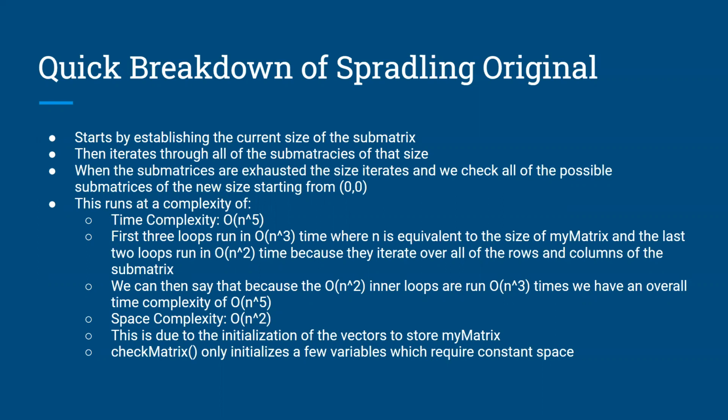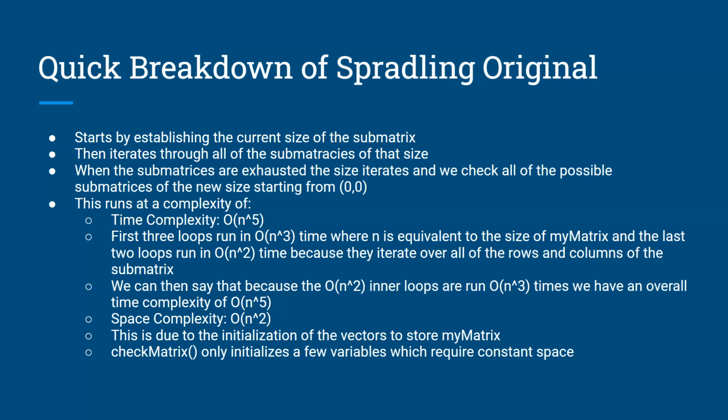And the last two loops run in big O of n squared time, because they iterate over all of the rows and columns of the submatrix. We can say that because the big O of n squared inner loops are run big O of n cubed times, so we have an overall time complexity of big O of n to the fifth.